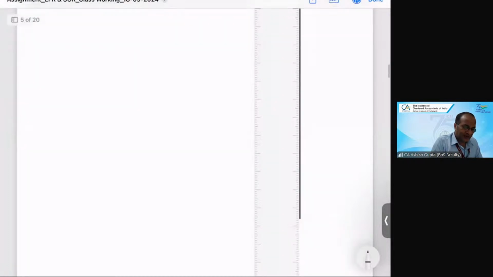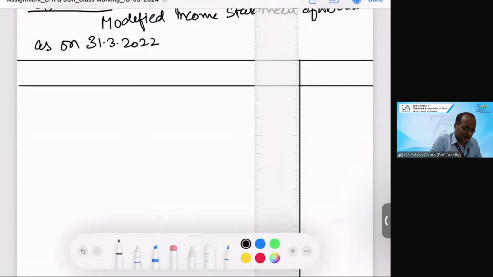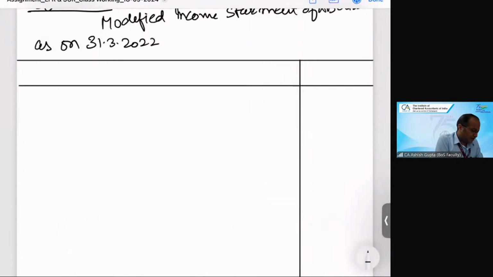Sometimes I have seen in answer books that students have not used proper tables, and the answers are not legible. It is essential that a ruler be used for the table.